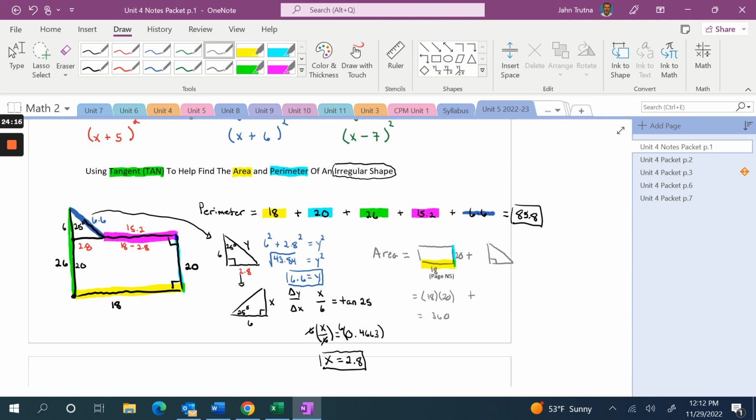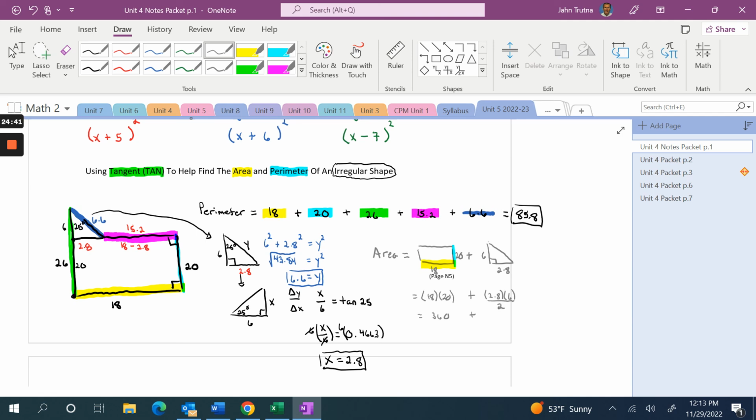Now I have to add that to the area of the triangle. Notice in the triangle, the bottom part is 2.8. The height of the triangle is 6. And to find the area of a triangle, you go the base, 2.8, times the height, which is 6, and then you cut that answer in half.